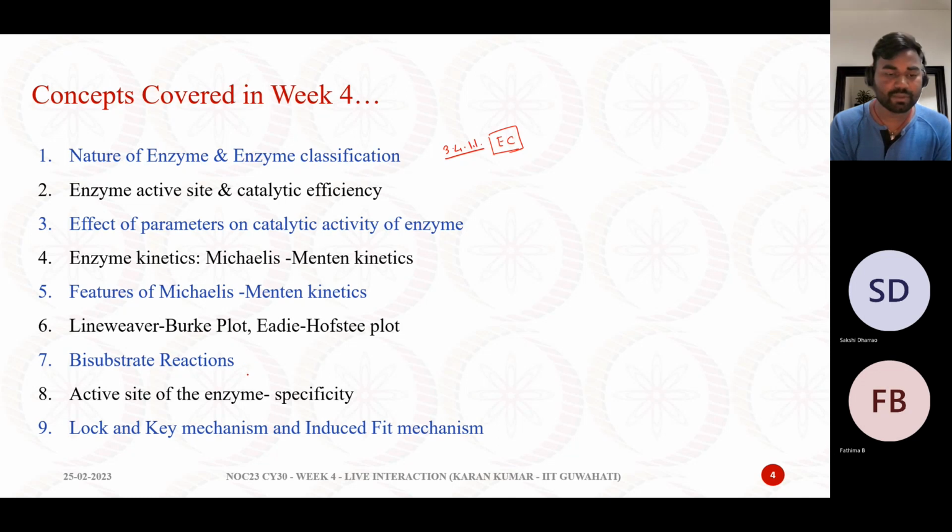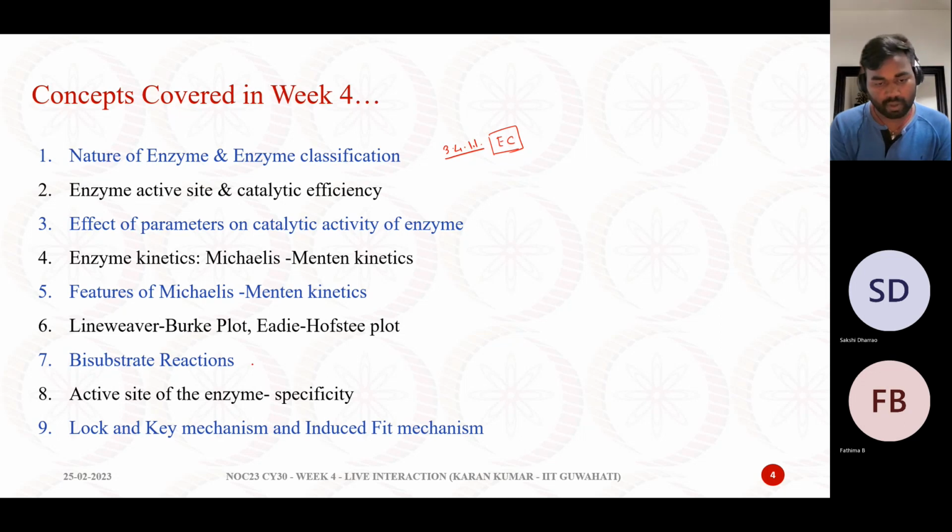In bi-substrate reactions, you will have more than one substrate; the enzyme takes two substrates and then releases two products. Based on that, ma'am also discussed the mathematical models for bi-substrate reactions.